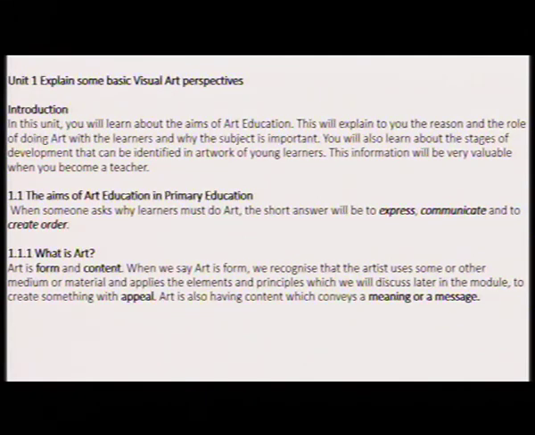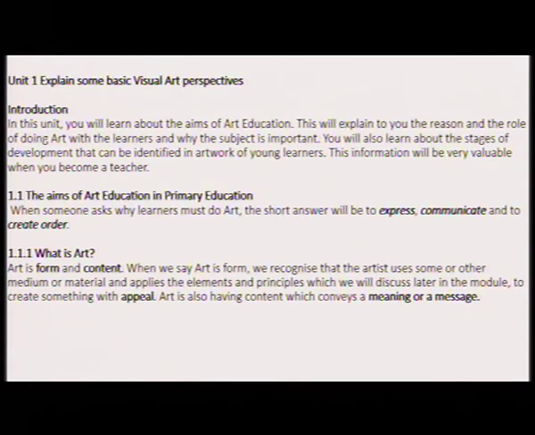They start from a picture that you will not even understand, but they will be able to tell you what they wrote about. And as they grow within the visual art lessons, they pass from stage to stage, and as they pass from stage to stage, their level of drawing also improves.